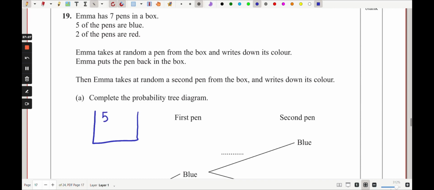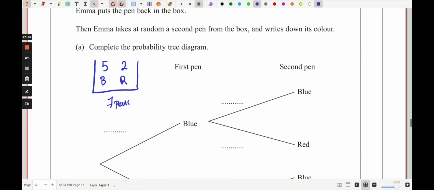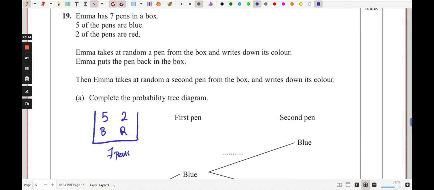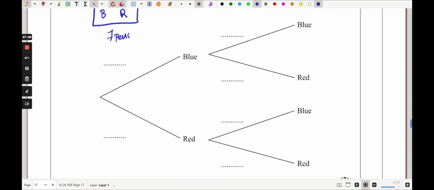blue pens and we have 2 red. In all we have 7 pens. Okay, now using the probability tree, the first take is blue, so we have 5.